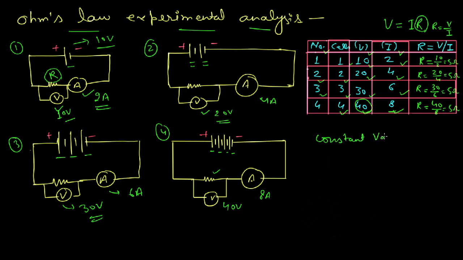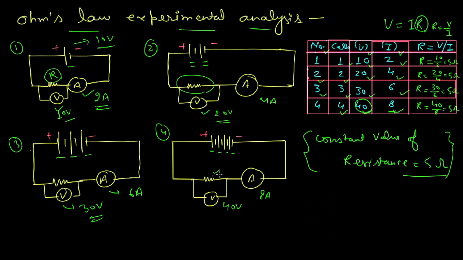The value of resistance here is 5 ohm, which simply indicates that it is a constant inside the circuit.